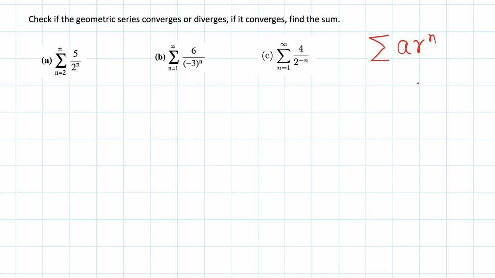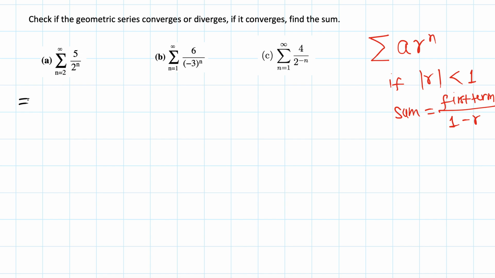If the absolute value of this common ratio is less than 1, the series converges, and the sum is the first term over 1 minus the common ratio. So let me put each series in this form.